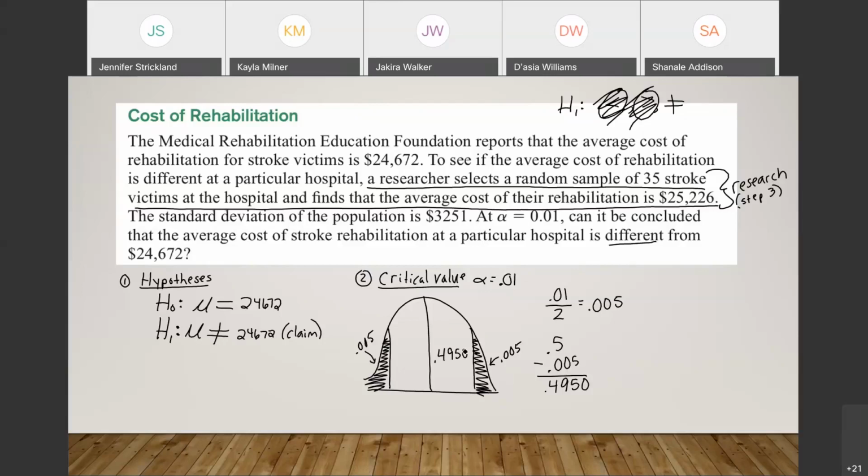What are we looking at there for a z-score? 2.58. All right, any questions with that part?